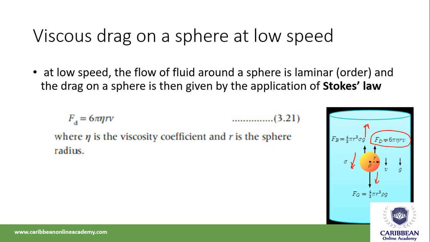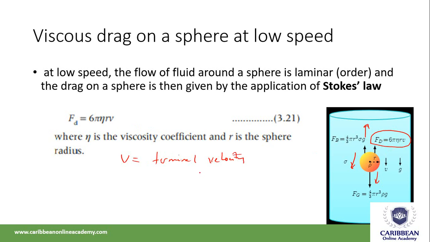So the drag force is equal to 2 pi times the coefficient of viscosity times r, which is the radius of the sphere, times the velocity at which the object is moving. And that velocity, you're going to hear us talking about what we call terminal velocity.